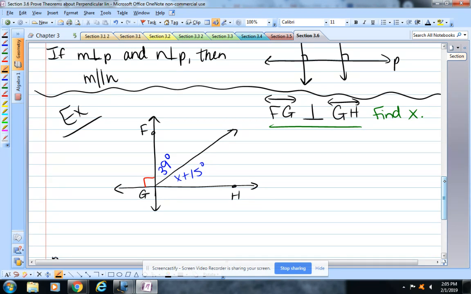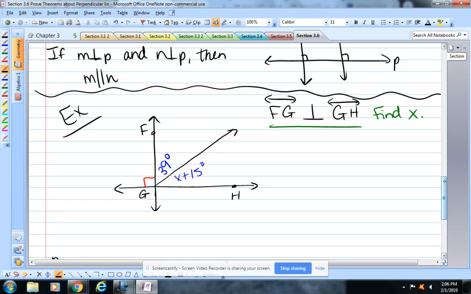Draw the picture, it helps. Your notes will not make sense if you don't draw the picture. So in this example, they tell me line FG is, what's this symbol?